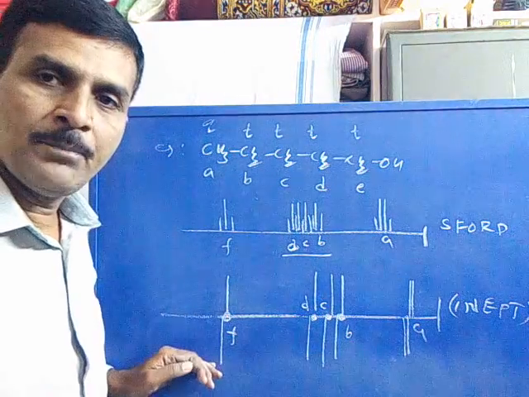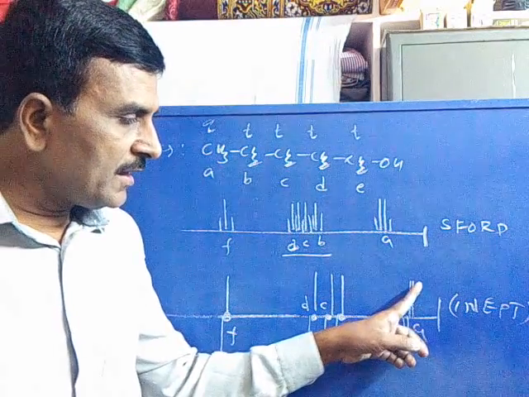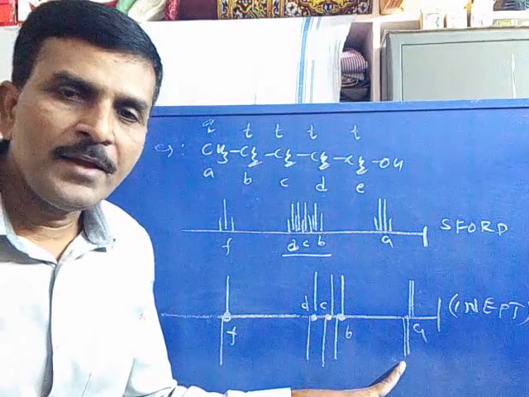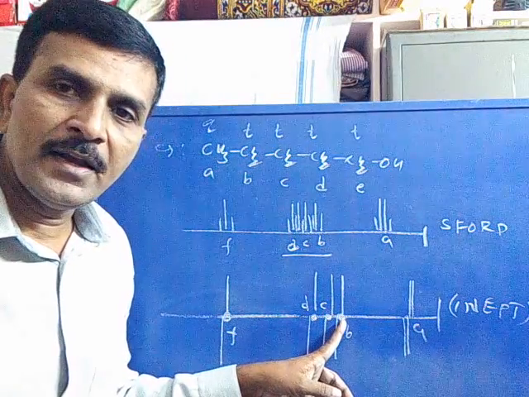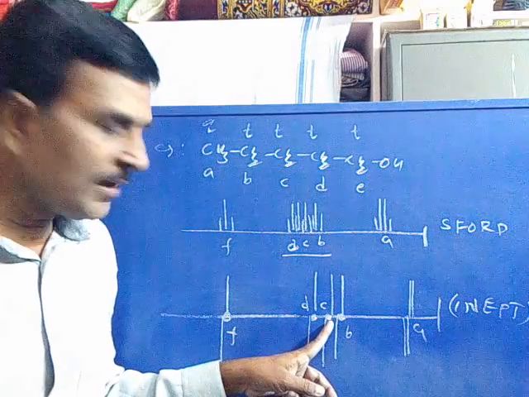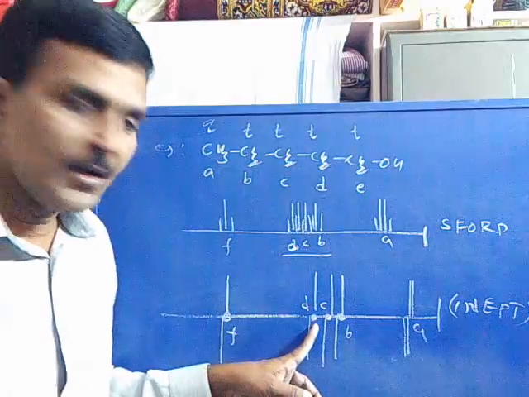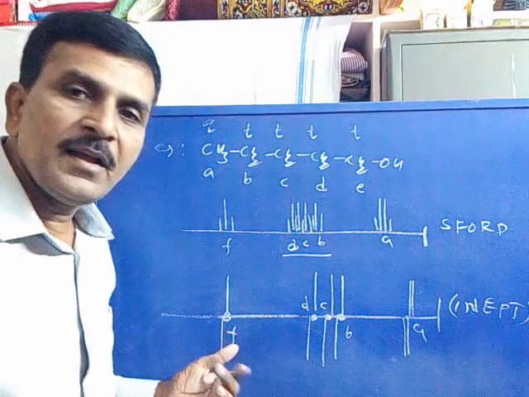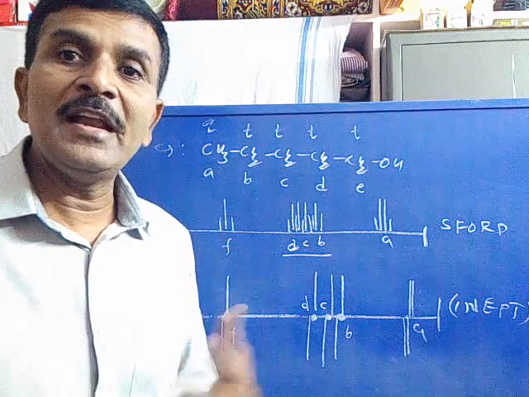Now coming to the INEPT experiment, a quartet is recorded with two positive, two negative lines, a triplet with one positive, one negative, zero intensity middle line for B, and C is also one positive, one negative, zero intensity middle line. D carbon, one positive, one negative, zero intensity middle line. Similarly, F carbon, one positive, one negative line with zero intensity middle line.